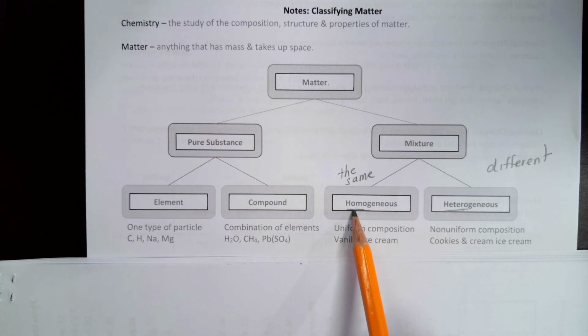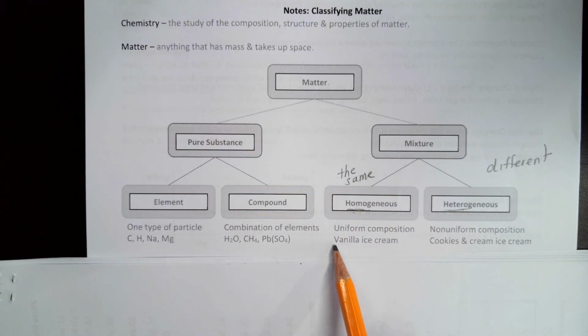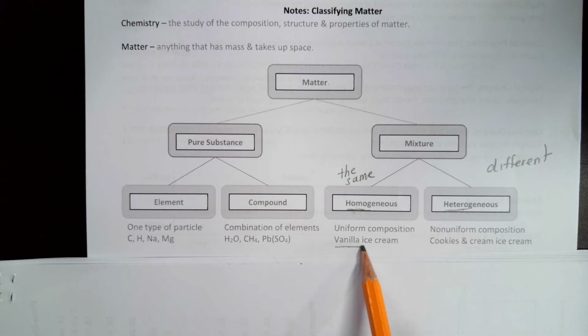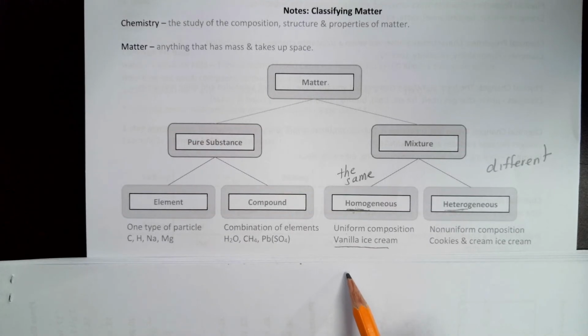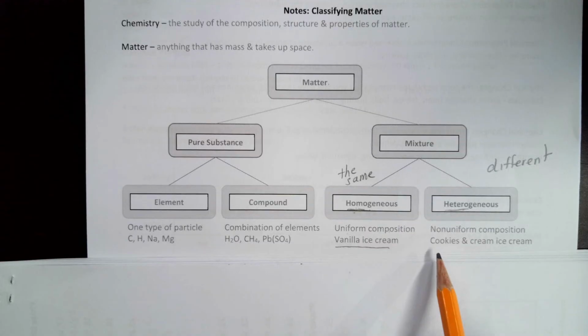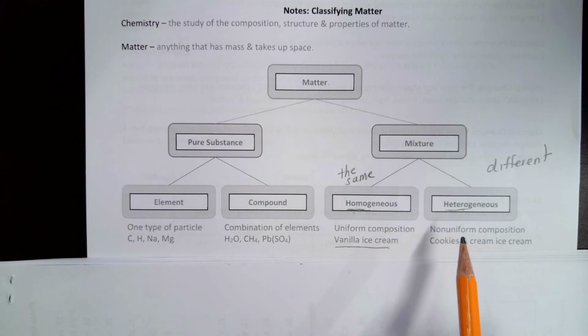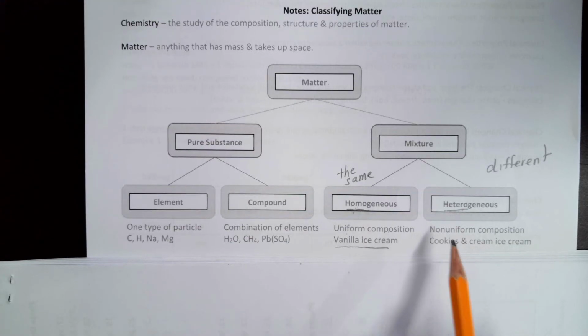A homogeneous mixture looks the same throughout. So, for an example, they have vanilla ice cream. It looks uniform throughout, okay? Vanilla ice cream. It's all just one color. Now, if I have cookies and cream ice cream, that is what we call a heterogeneous mixture because you can see the different components that make up the ice cream.